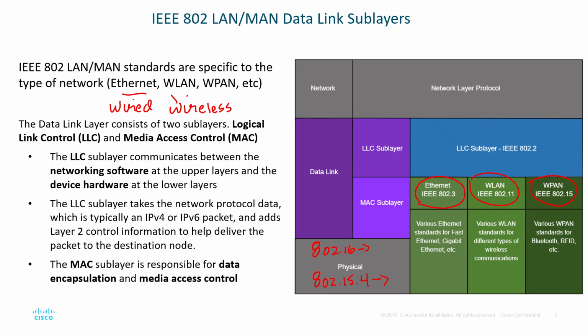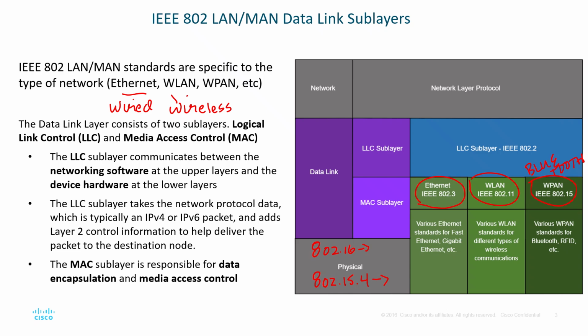Okay? Remember when I talked about wireless, we don't delve deeply into wireless, but you definitely need to know the differences between these standards. Okay? So 15 is your Bluetooth. 16, I'm going to get these two confused.